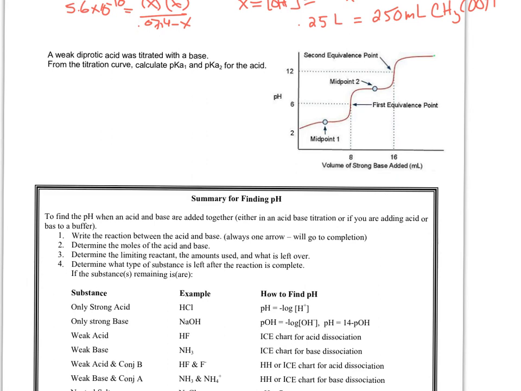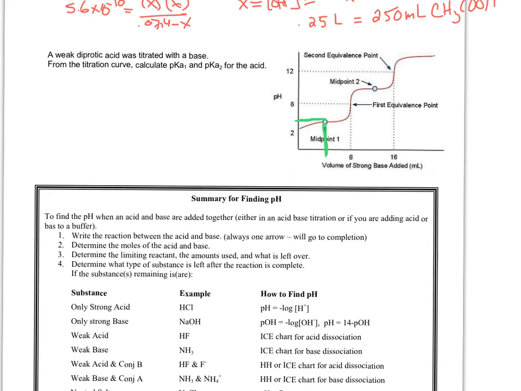Well, how do you know that? The pKa is equal to the pH when it's half neutralized. So let's look at the first one. Here is my equivalence point. It looks like it's at 8 milliliters of base. So what I do is I go to halfway to that. So instead of 8 milliliters, I go to 4 milliliters. Let's see if I can get to about 4, right there. And so I go up to here, and then I read what my pH is.